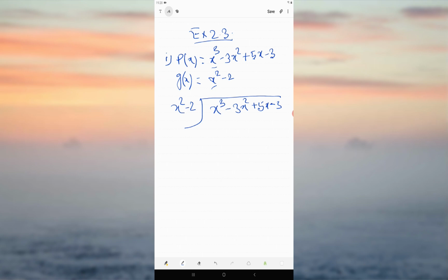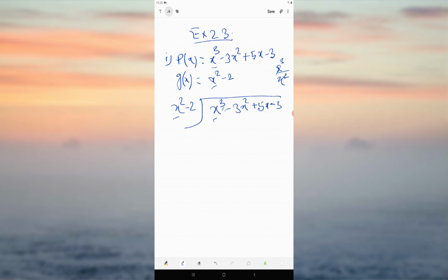First I need to look at the highest power in p(x) and g(x). What is the highest power in p(x)? It is 3. And what is the highest power in g(x)? It is 2. So that highest power I need to divide first. So x cube by x square you do.